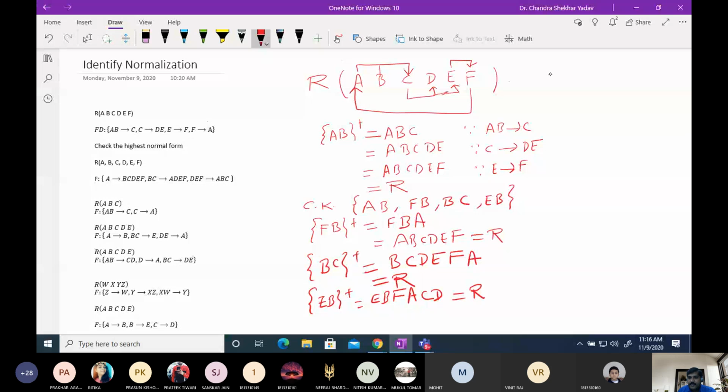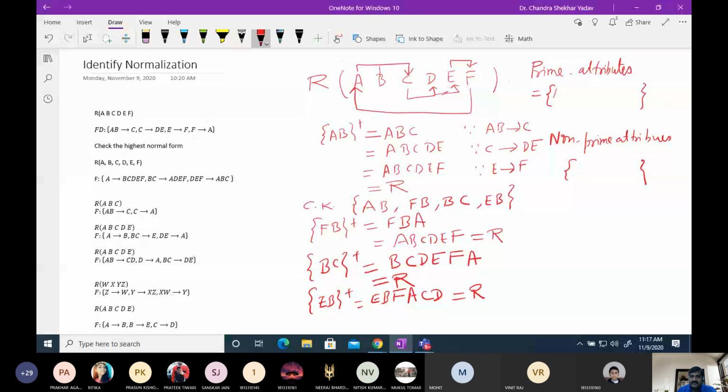Now let me know the prime attributes and non-prime attributes. Definition of prime attributes: if an attribute takes part in the formation of any candidate key, that is called a prime attribute. Otherwise, it is a non-prime attribute.